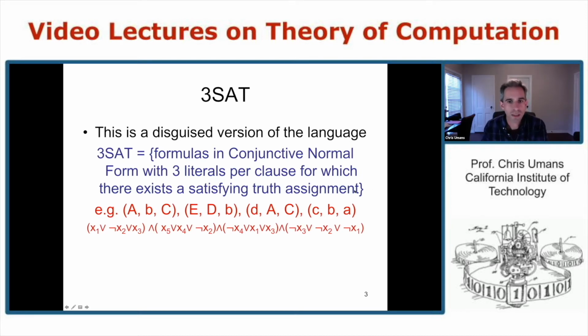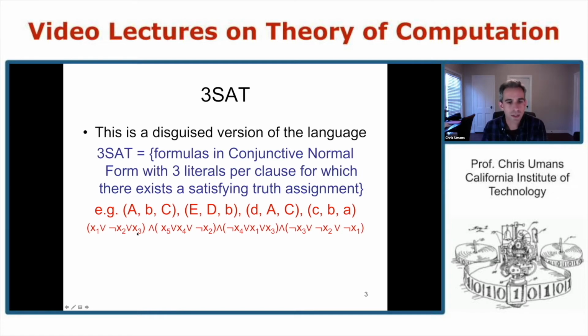And just to unpack some of that, conjunctive normal form just means that the formula, an example of which is written down here, is the and of ors. So these are ands that connect things, and then there are ors inside each of the parenthesized expressions. Each of those parenthesized expressions is called a clause, and each of the variables or its negation is called a literal, and there are 3 of them in each clause.